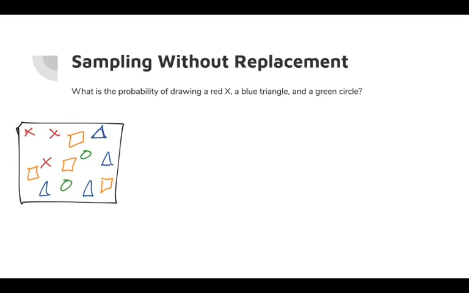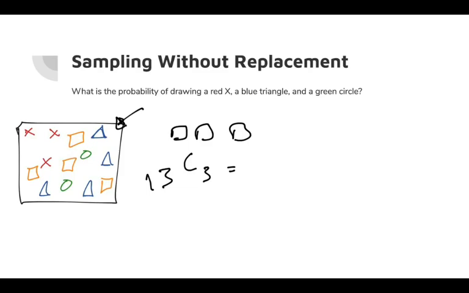If I just reached in and drew out 3 random things, how many different combinations of 3 things are possible to draw, considering this is what I have to pull from, okay? And so the way that looks is I have 13 things to choose from, and I'm choosing 3, okay? So 13 choose 3. How many different total combinations do I have?